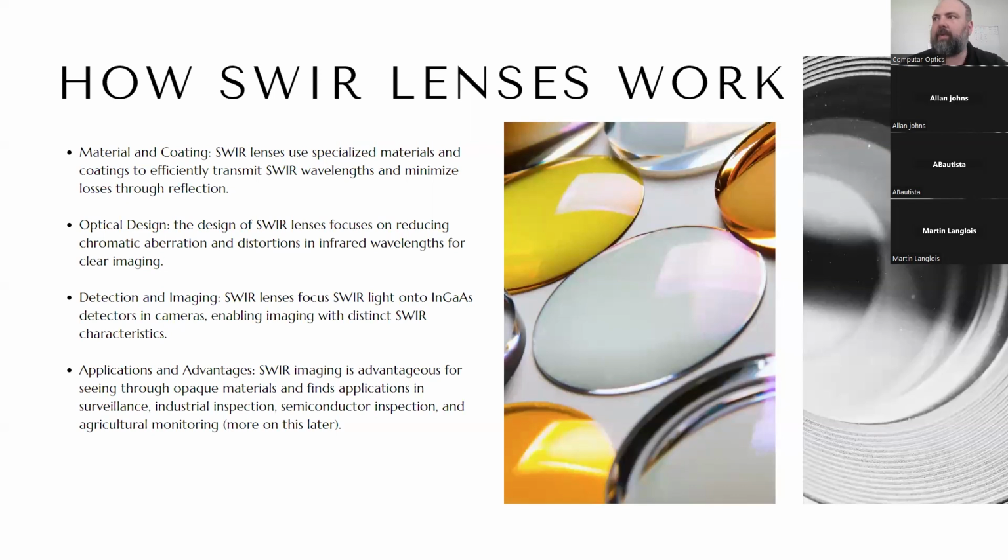The design of the SWIR lens focuses on reducing chromatic aberrations and distortions, some of those ghost flares, and infrared wavelengths for clear imaging. So that's also very important. Next is detecting and imaging. SWIR lenses focus SWIR light onto InGaAs sensors, InGaAs detectors in the camera, enabling imaging of distinct SWIR characteristics.